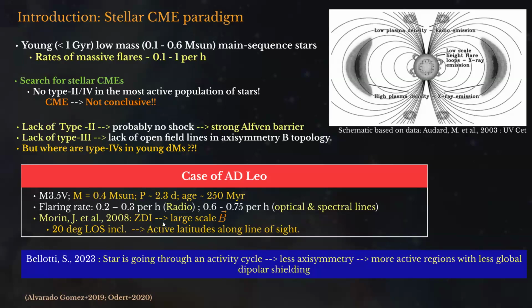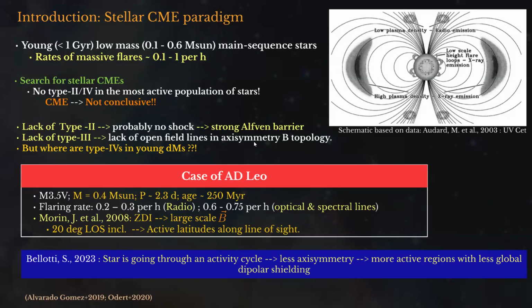Another thing is that from the Zeeman Doppler imaging study, we know that the star's south pole is along our line of sight, oriented roughly 20 degrees along your line of sight. And in these active stars, unlike the sun, the higher latitudes hold most of the active regions. So that means you have a good line of sight towards the active region belt.